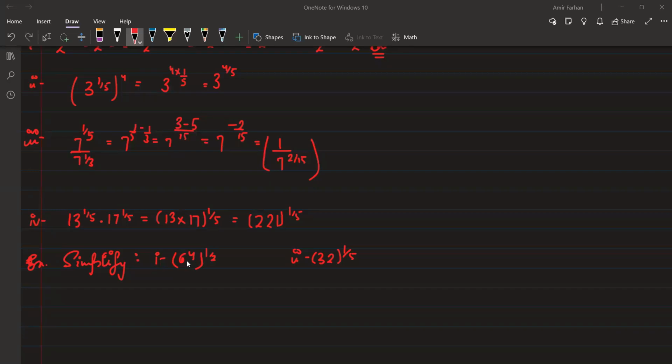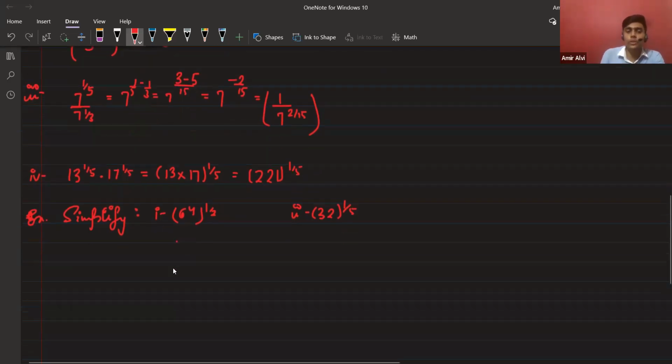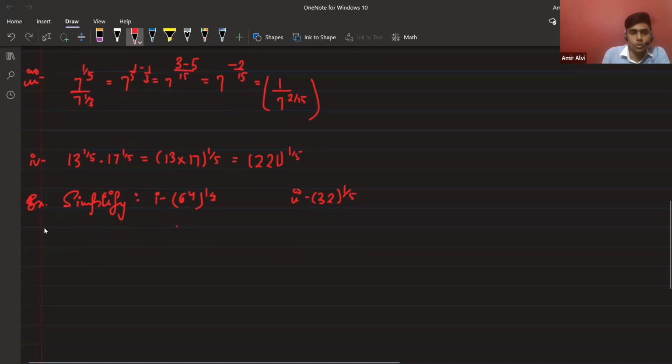Yes, you are supposed to solve it. I told you to solve it. How? Just as we did in the previous thing. Okay, so I will tell you the first one, then you will do the second one. Let's solve the first one.